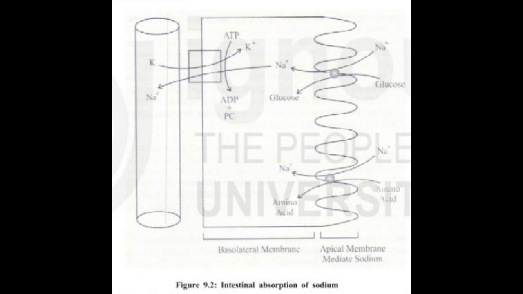Let us see how the body regulates Na content in ECF. Of the total Na filtered through the glomeruli, over 99% is reabsorbed by the kidney tubules. A large proportion of this reabsorption takes place in the proximal tubule, but the final adjustment is achieved by the cells of distal tubules and collecting ducts.